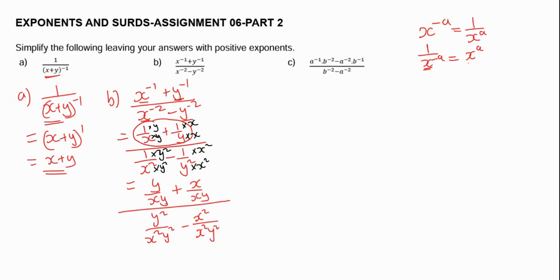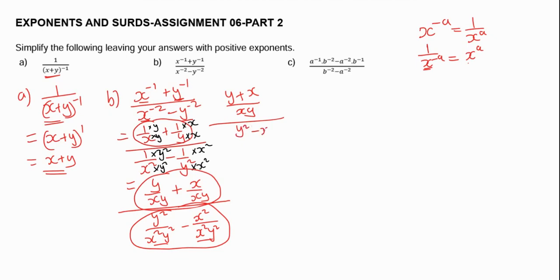Right, and then let's simplify the numerator. The denominator is the same, so we can add the numerators. So it becomes y plus x over xy. The denominator again, if you check here, these two denominators are the same, so we can subtract the numerators. This is y squared minus x squared over x squared y squared.